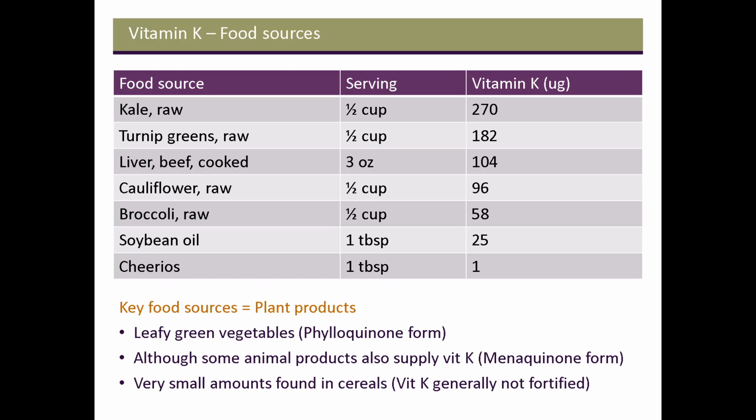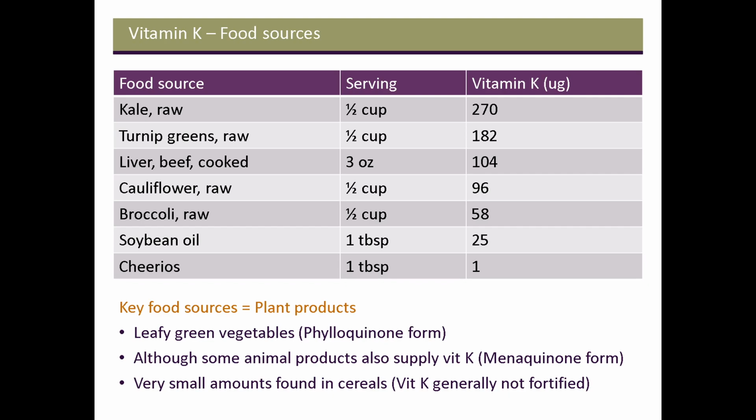So, food sources of vitamin K. The richest food sources are plant products, particularly leafy green vegetables. Here at the top we see kale, turnip greens, liver, which typically has a lot of vitamins in general, cauliflower, broccoli, soybean oil, Cheerios.